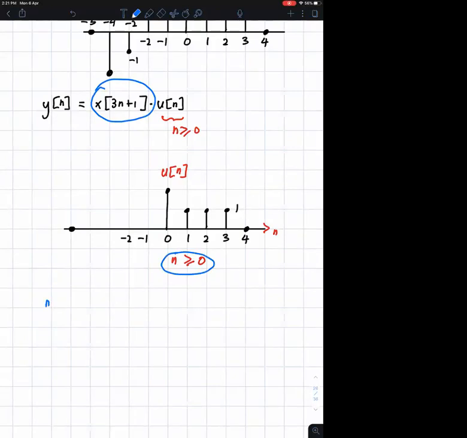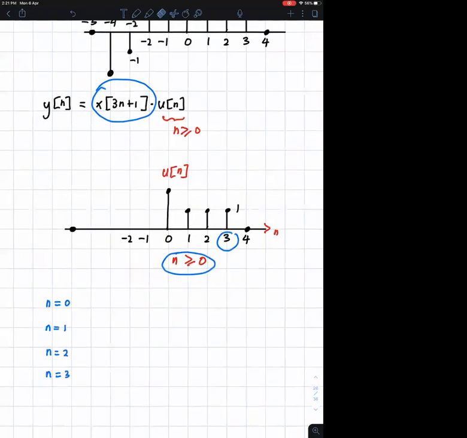And so you start evaluating your signal from n equals 0, n equals 1, n equals 2, n equals 3, until n equals 3, because we have signal here until n equals 3. N equals 4, we don't worry about this because at n equals 4, the signal is 0 here. When n equals 4, the signal is 0. So you don't have to worry about that.